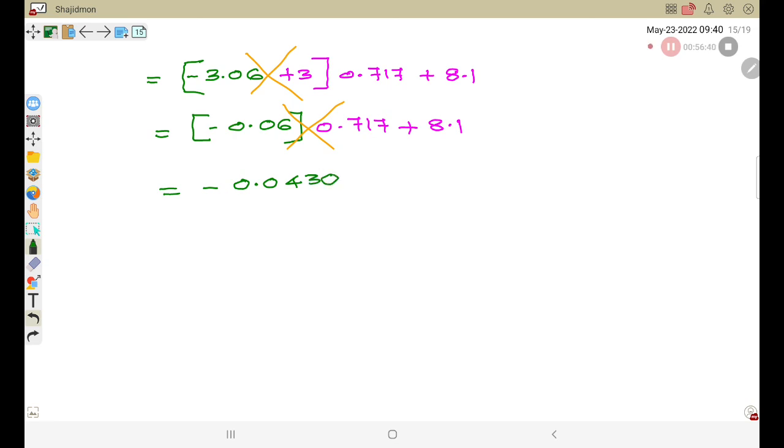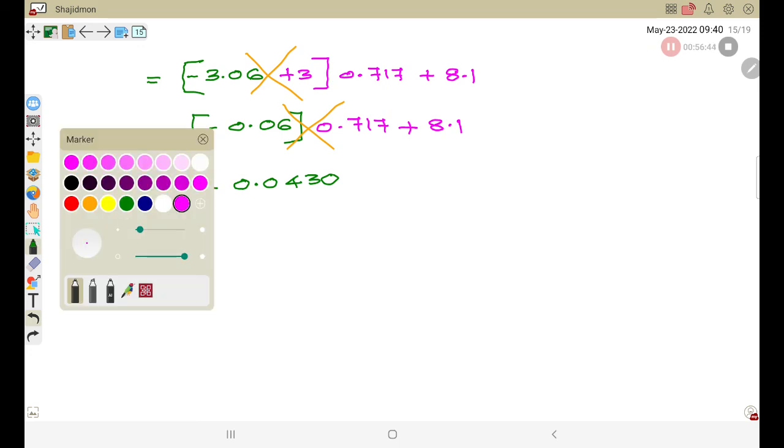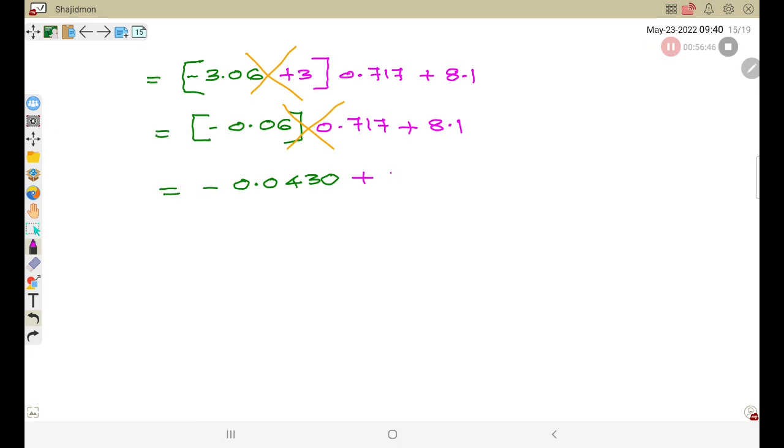The first 2 zeros are not counted, that is why with 3 digits chopping the number is like that. Plus 8.1. Now enter the total in your calculator and you will get 8.05. This is the number we call the Q star number, or approximate value by nested calculation.